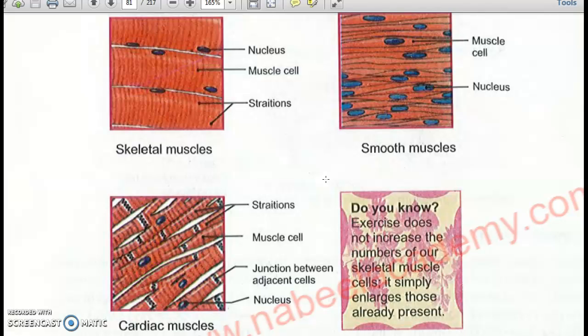When you compare the diagrams, some differences are very obvious. Skeletal muscles are the striated muscle. You can find the light and dark bands, and they have many nuclei in them. Smooth muscles are mostly spindle shaped, and they have one nucleus per muscle cell.